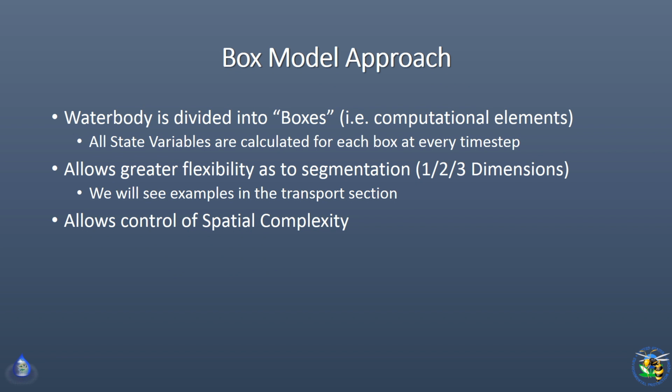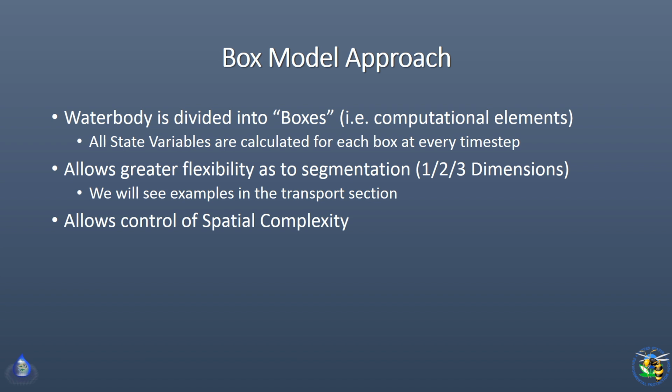WASP is considered a box model in that the water body is not assumed to be some structured grid where you have a number of cells in one direction and a number of cells in another direction. The model does not assume any specific conductivity. It's up to the user to define the conductivity, or if you are linked to a hydrodynamic model, that information is provided within the linkage file.